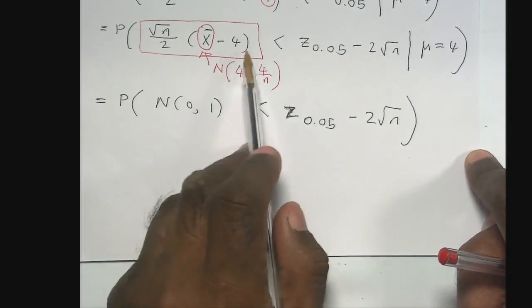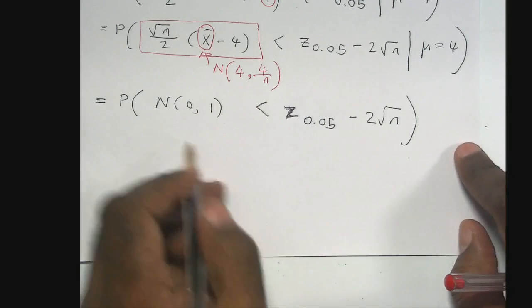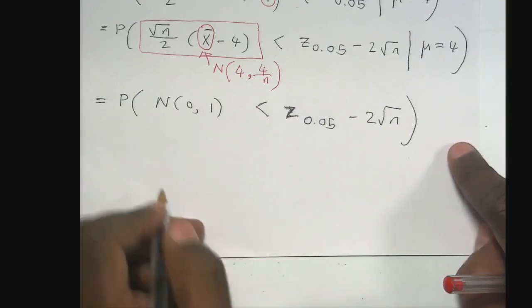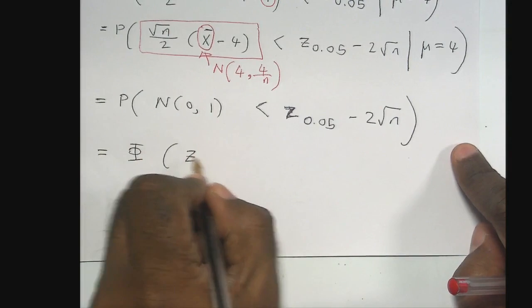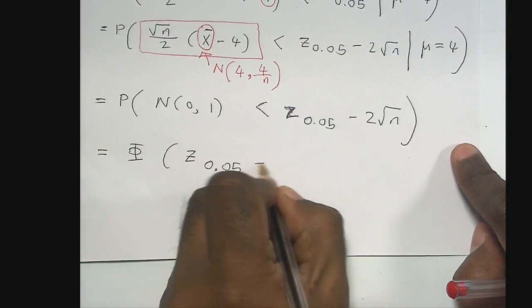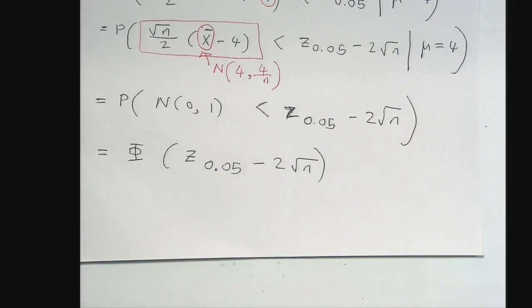You subtract a 4, the mean will become 0. You multiply by this, the variance will become 1. So that's why you get this N(0,1). So the answer is phi. So this is the answer to the question. So this is the probability of type 2 error. Okay. Is that clear, guys?